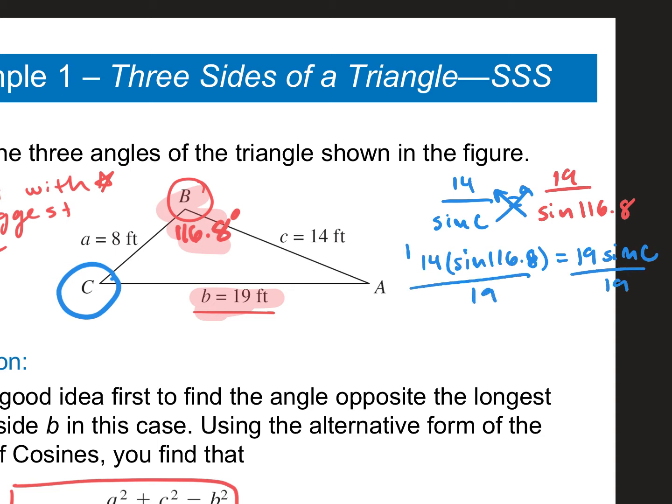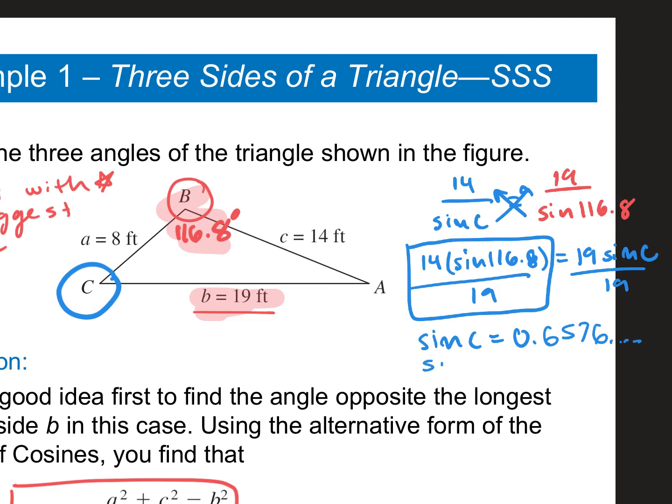Divide both sides by 19, and then I want to put this into my calculator. So I get sine of C is 0.6576. I'm going to keep that in my calculator to then find the inverse.